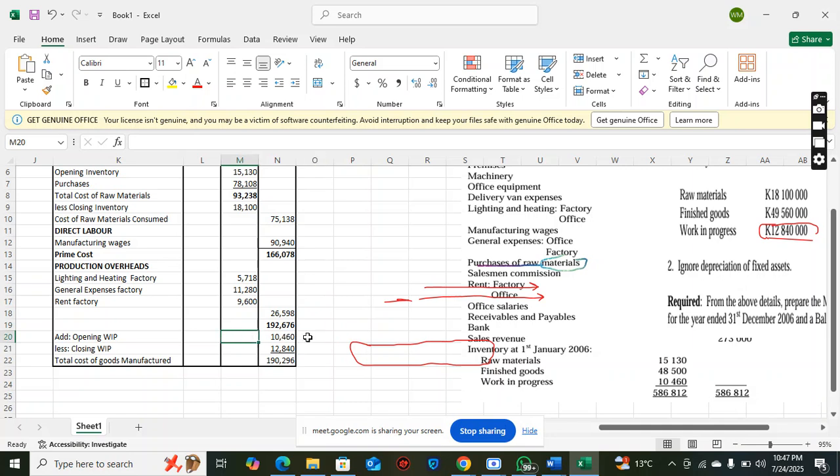Oh, the other method. Yeah, you can do it also like this: 460,12,840.